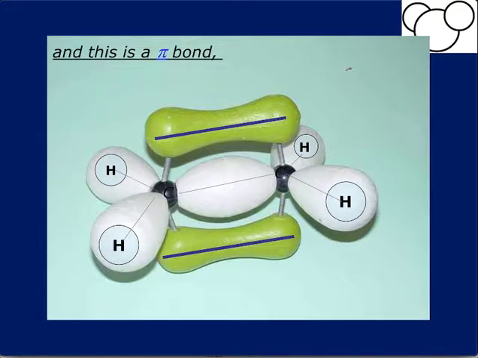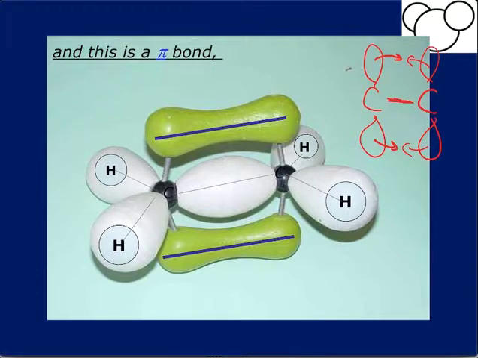Here then, these are pi bonds. I will go into explaining what these are. This is our carbon. There's a sigma bond here already, and what we have are p orbitals on each carbon, and what those p orbitals do is they bend towards each other like this.